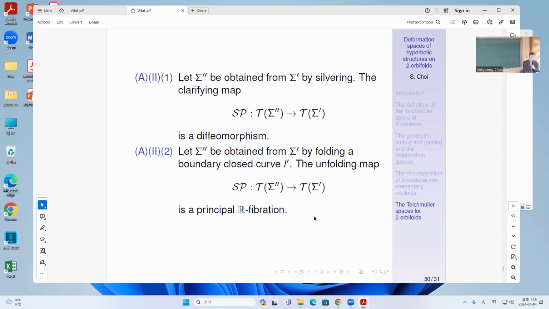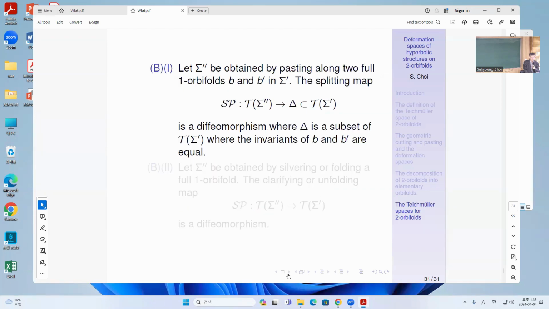And then of course for the boundary map, you're just forgetting one boundary component, so that means you still get a fibration. It's the same space except it's bigger now with R fibration. So therefore, it's still going to be a fibration. And for B1, B2, B1, this is when you have a two boundary orbifold and you glue that.